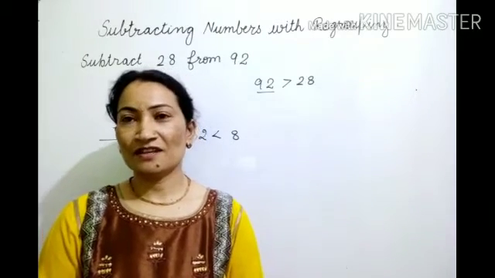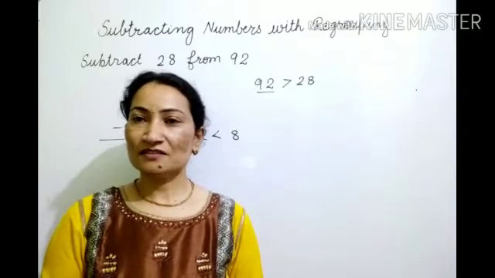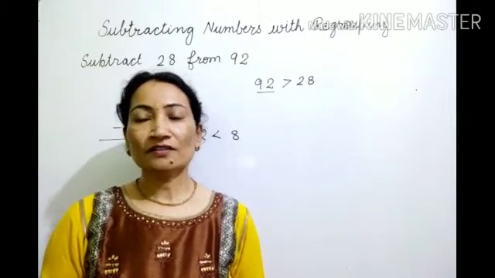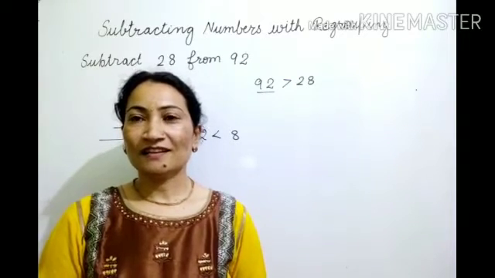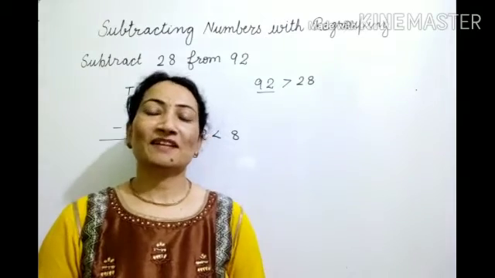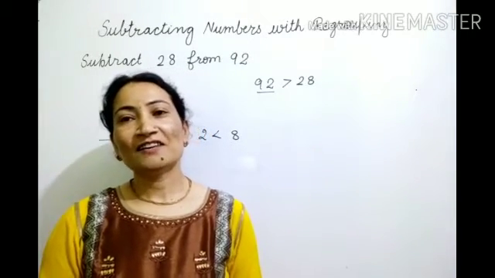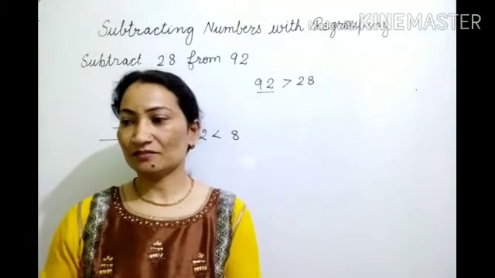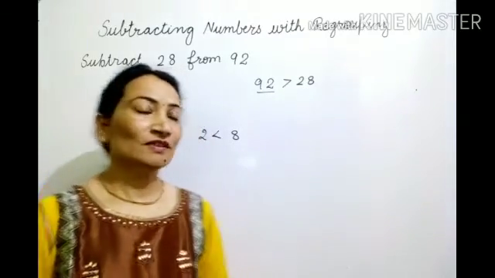So what will we do? Either we go to the market to purchase, or to the canteen in our school, or we borrow from other friends who have toffees. We also do that in subtraction. First we borrow and then we subtract. So let's learn how we take borrow.